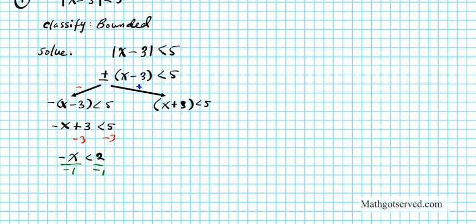And then your final answer is going to be x is greater than negative 2. Notice what I did here. Anytime you divide by negative, what happens with the inequality? It flips because you're reflecting the number line, so you have to keep that in mind. On this side, I can simply drop the absolute value because there's no signs in front. x minus 3 is less than 5. So I subtract 3 from both sides. Subtract 3, subtract 3.